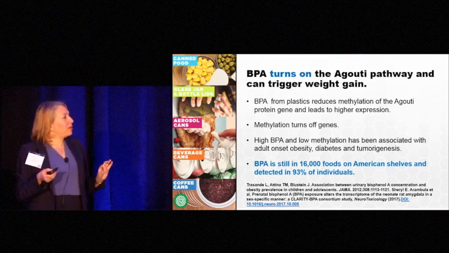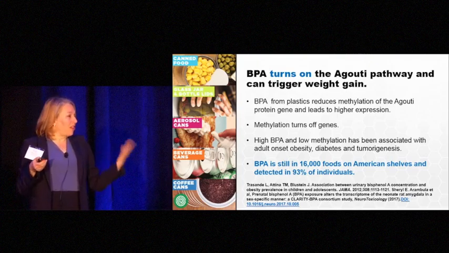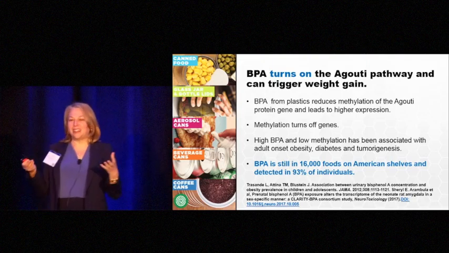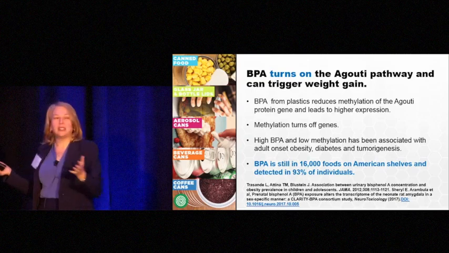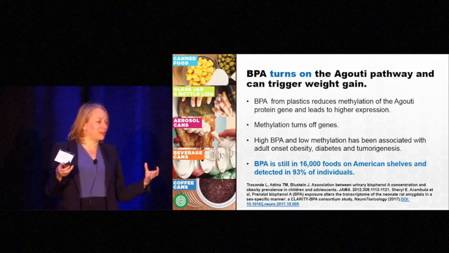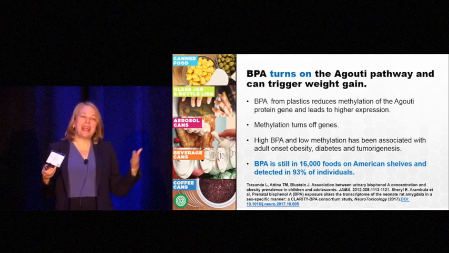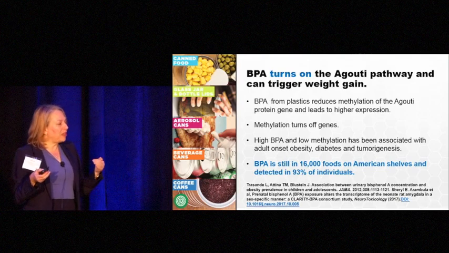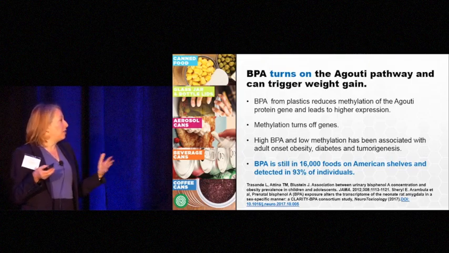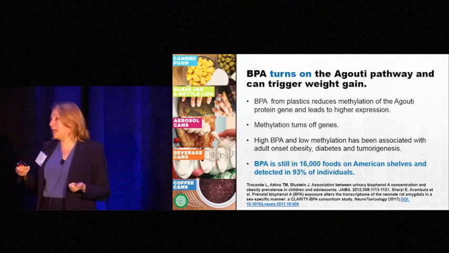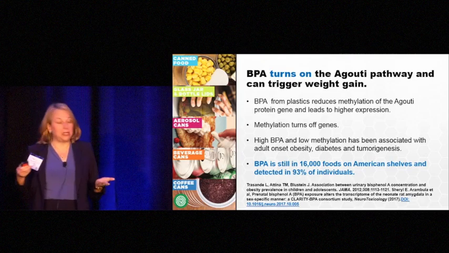So the BPA from plastics, so I'm so thankful to all the different Yeti and stainless steel cups, until we find out what stainless steel does, that we're not constantly throwing water bottles around, because the amount of plastics that get into our system that reduce methylation and affect all these different gene expressions have been associated with all kinds of things, such as adult onset diabetes, tumorigenesis, obesity.